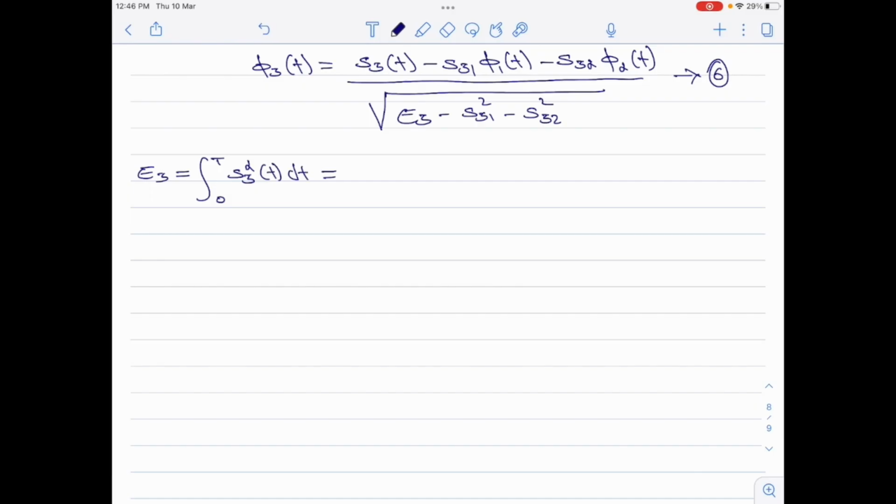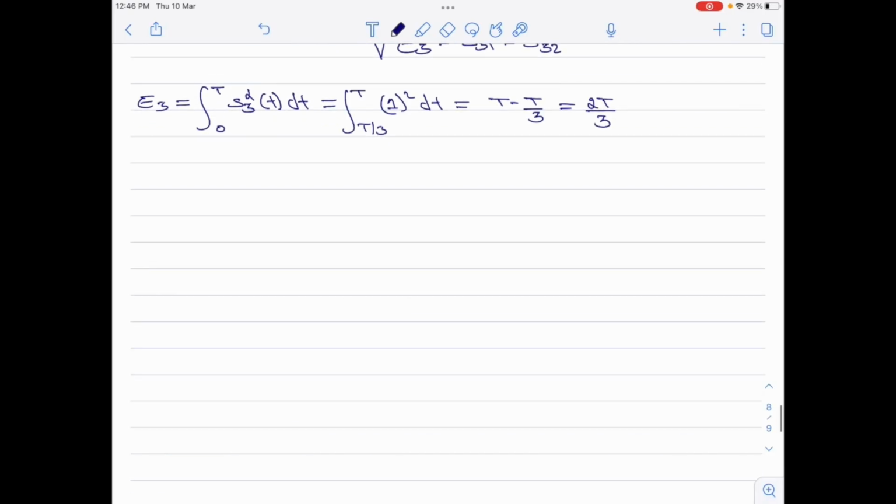We know that S3 of t is defined over the interval T by 3 to capital T. So, the integral limits change to T by 3 to capital T. The value of S3 of t over that interval is 1. So, it will be 1 square dt. So, it will be equal to T minus T divided by 3 equals 2T divided by 3.